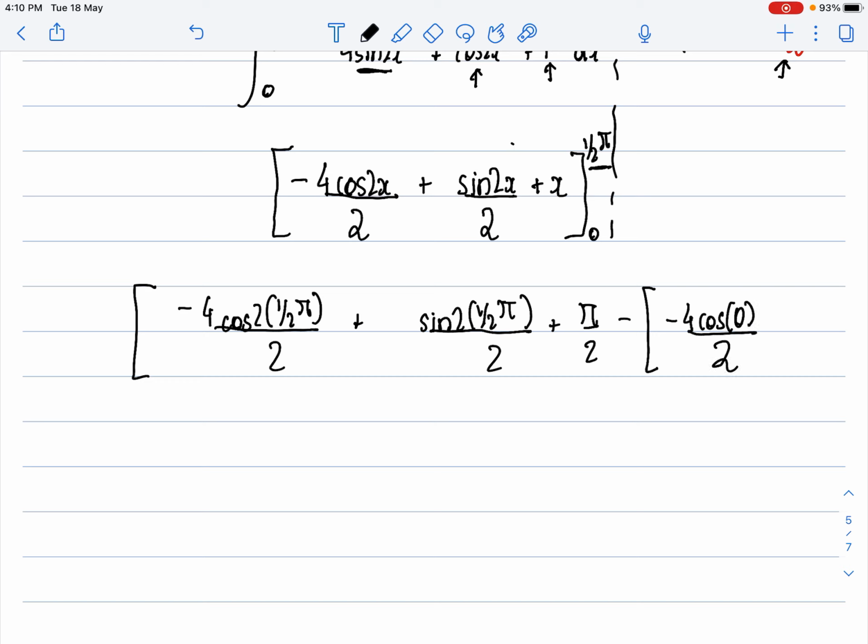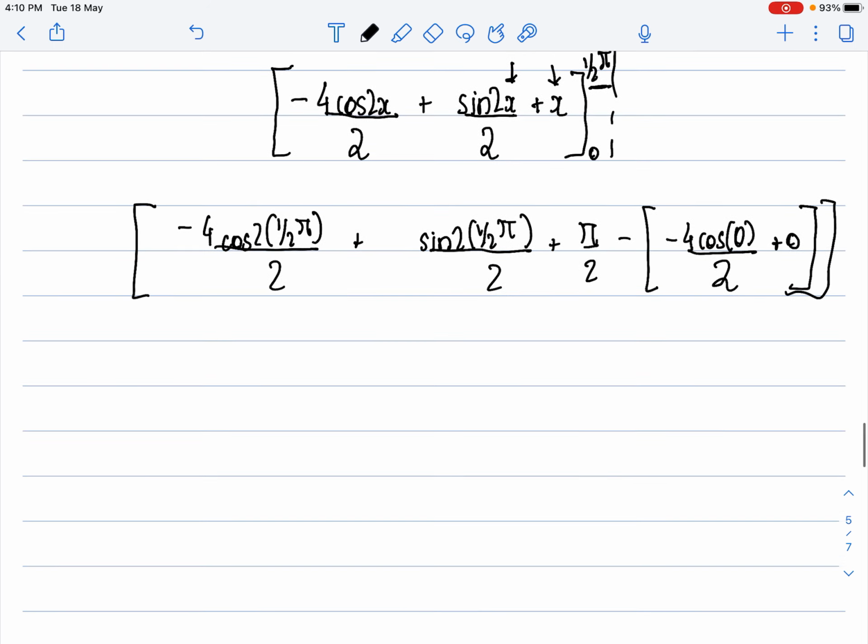And I know when I put 0 in sine and x basically here, I get my answer as 0 only.